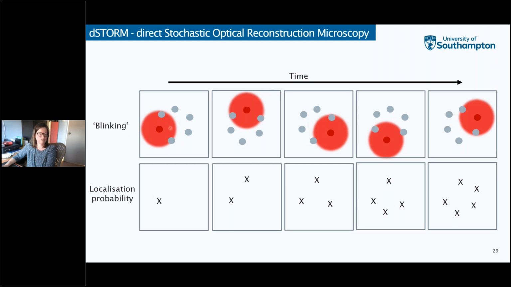So for our ring-like structure example, if we induce fluorophore blinking and collect sequential images, if we collect enough images, we should have a record of a blink from each of the particles in the object. So each blink allows us to calculate localization probability, so we can start to build up a picture of the underlying structure.